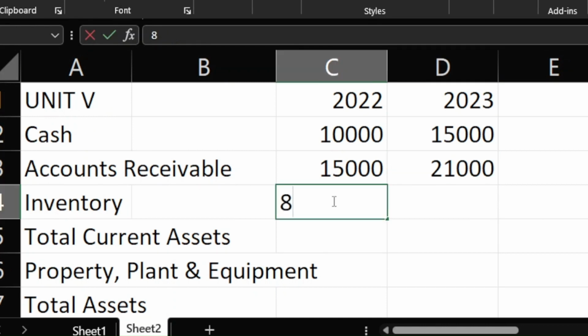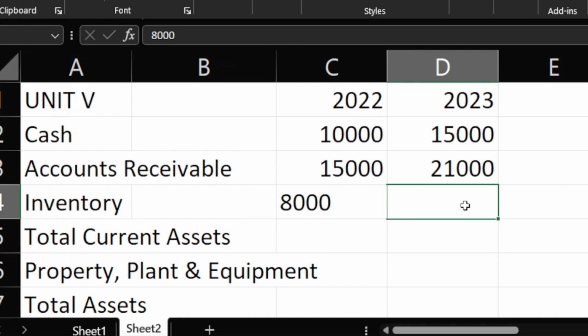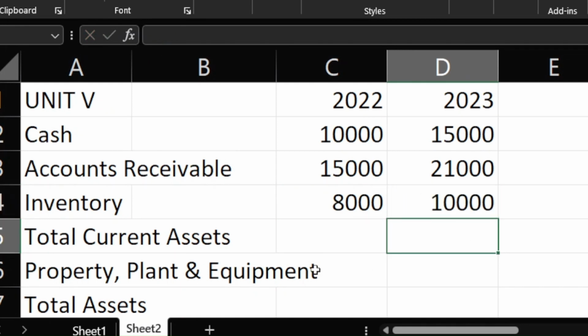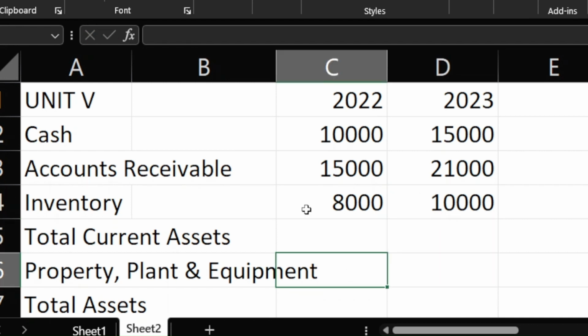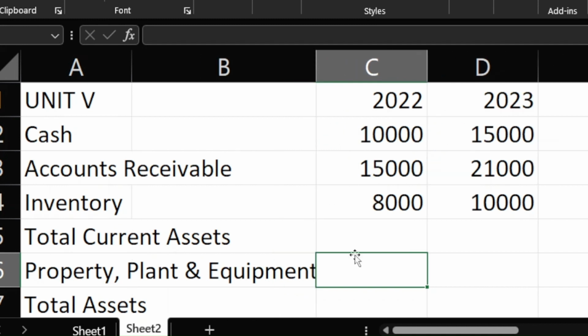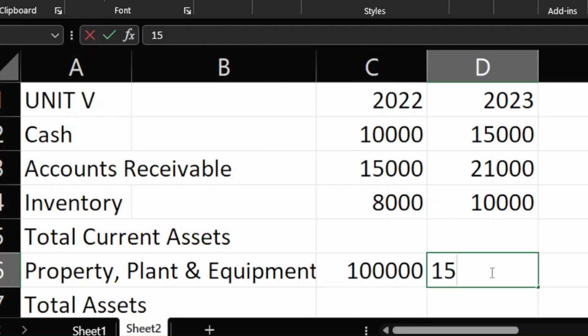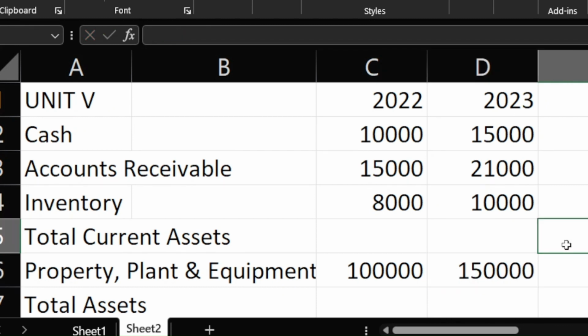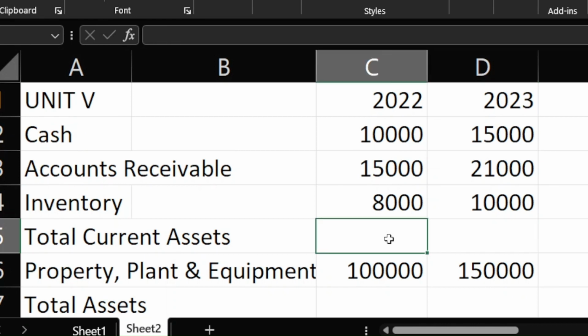Inventory is 8,000, and here it is 10,000. Property and equipment, say 1 lakh, and in another year it is 1,50,000. These figures are available to us, and we have to find the missing figures.